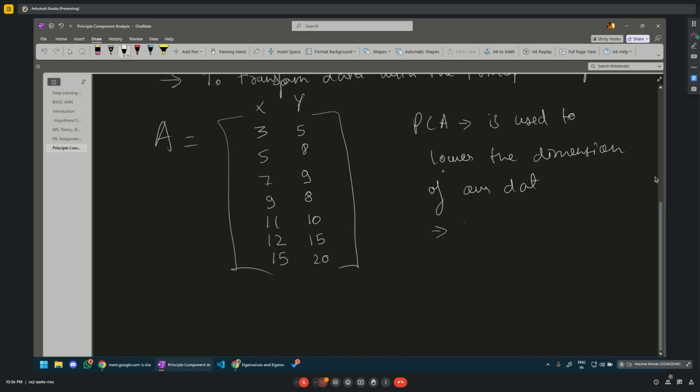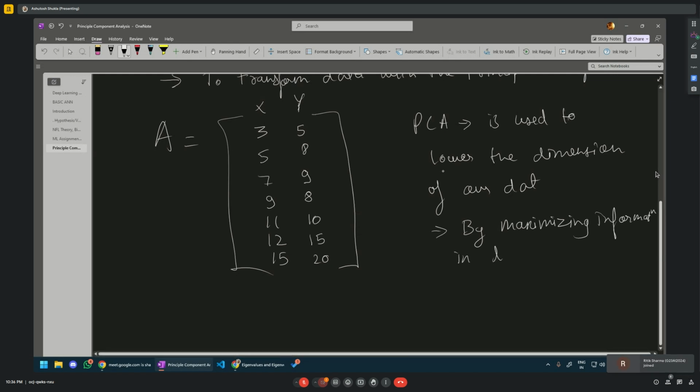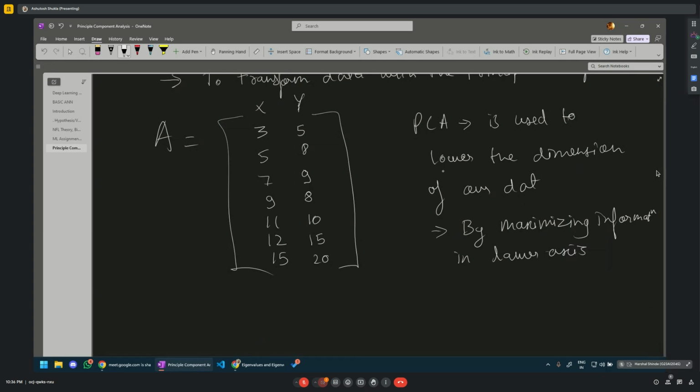How is it done? By maximizing information in lower axis. Okay. So these are the two things that you need to know about principal component analysis.